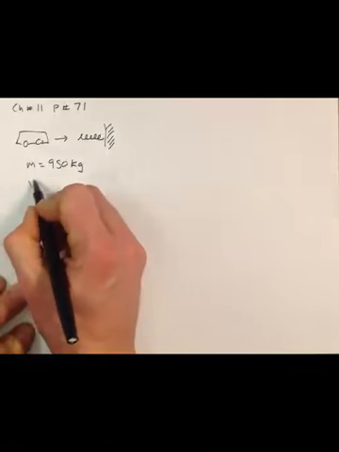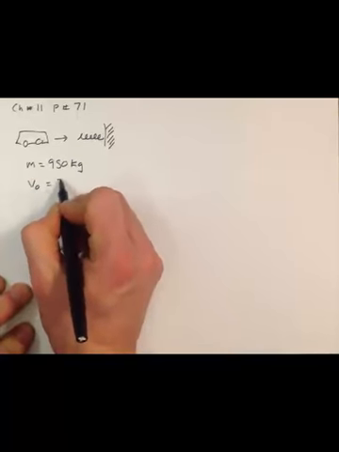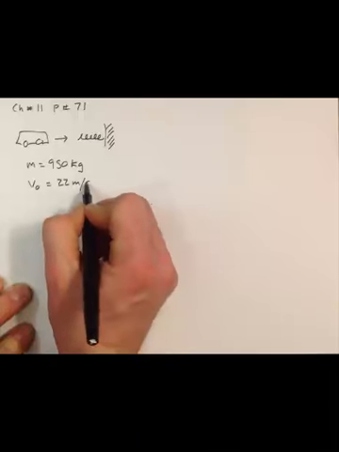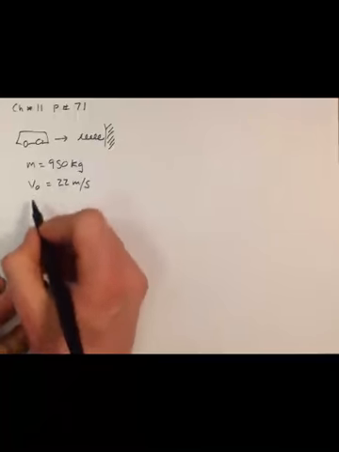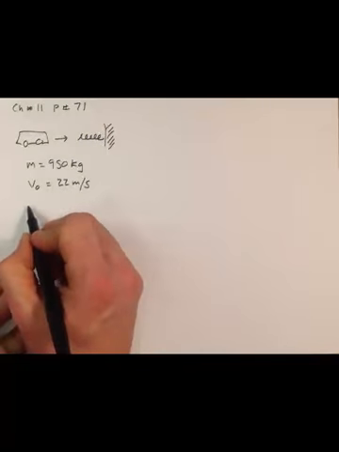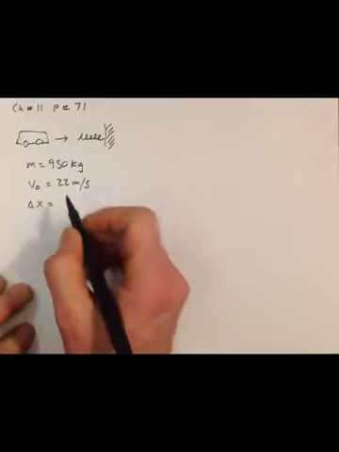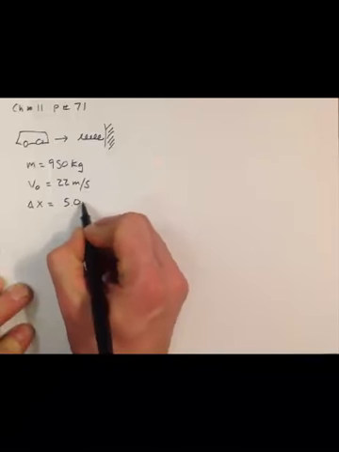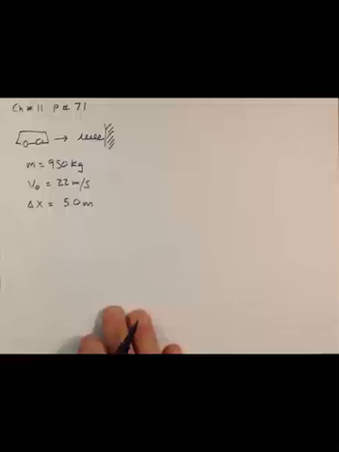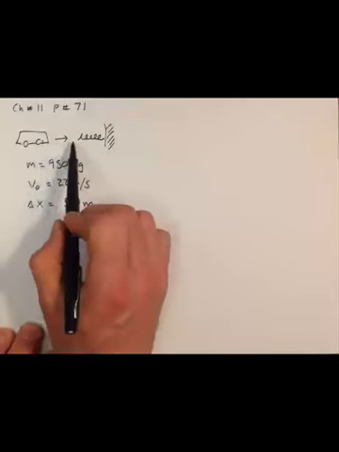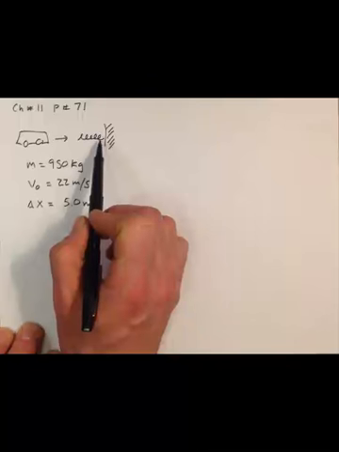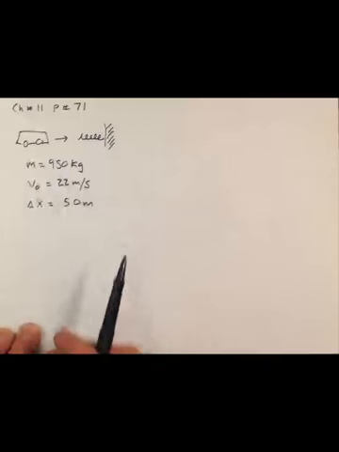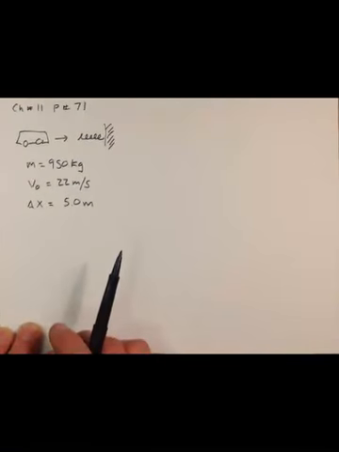Initially the car is traveling with a velocity of 22 meters per second. When the car hits the spring, it compresses it a distance of 5.0 meters. The spring then pushes the car back, and the car starts heading back the other way.